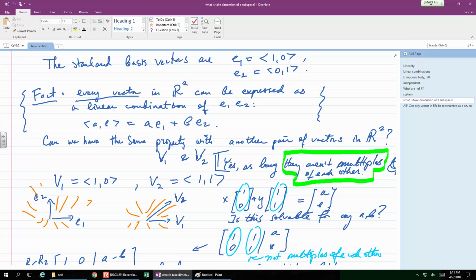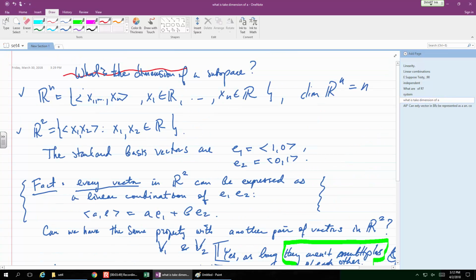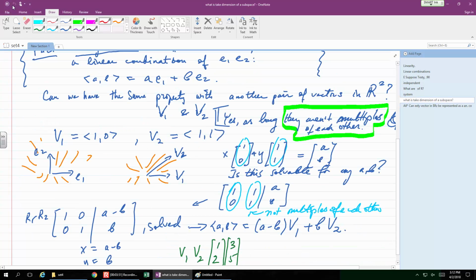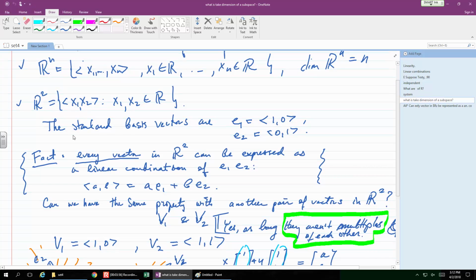So what we're studying here is subspaces, and how we need to learn to treat them the same way we have treated the Euclidean spaces. Which means that in addition to the standard basis of the Euclidean space, the one that you see here, the standard basis of R2 is these two vectors.